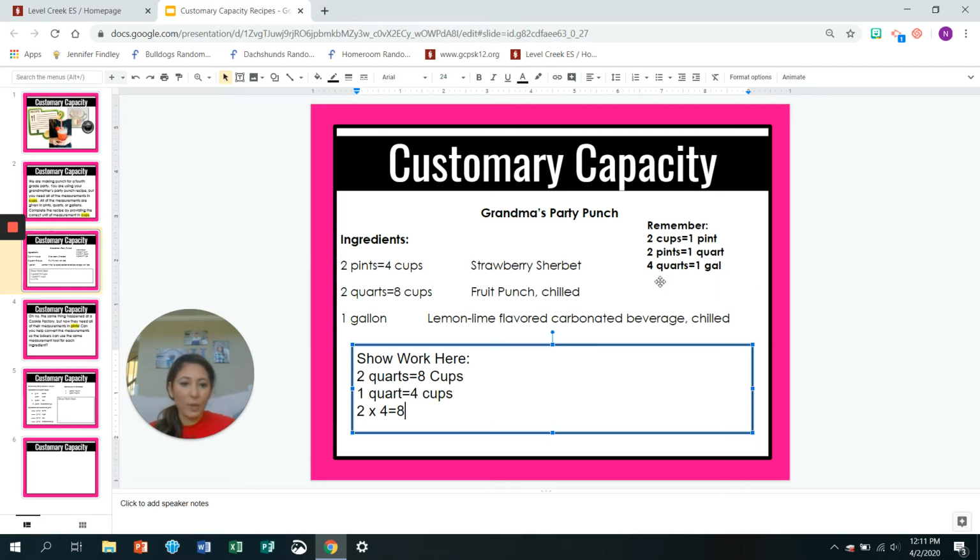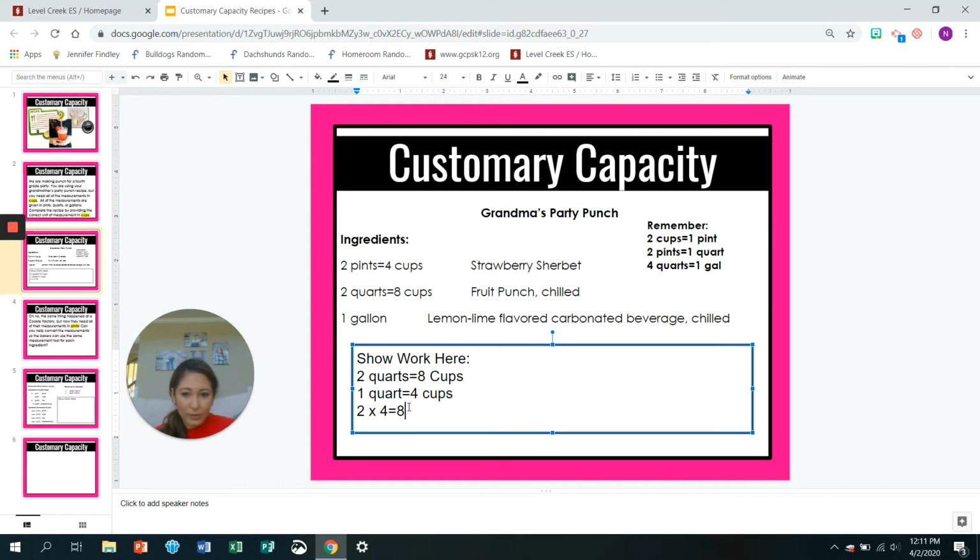If you look up here, we don't have cups to gallons, so we're going to go step by step. We know there are 4 quarts in a gallon, and we just figured out that 1 quart is equal to 4 cups.